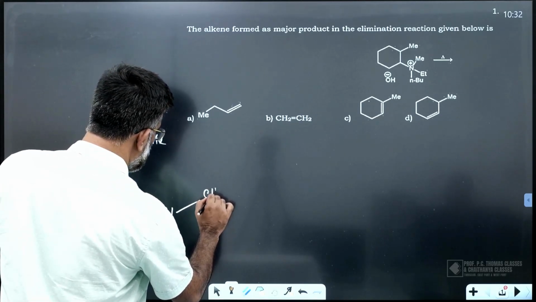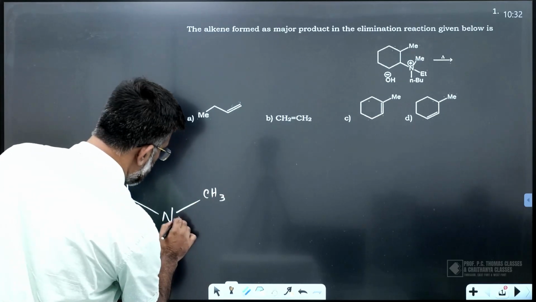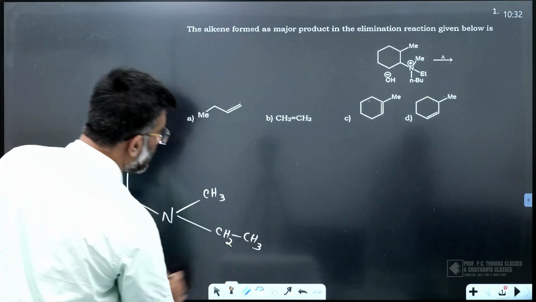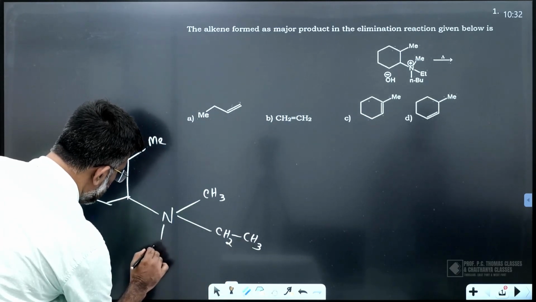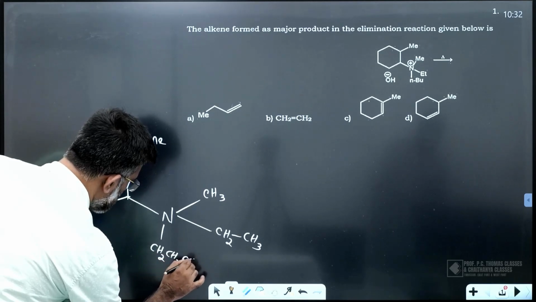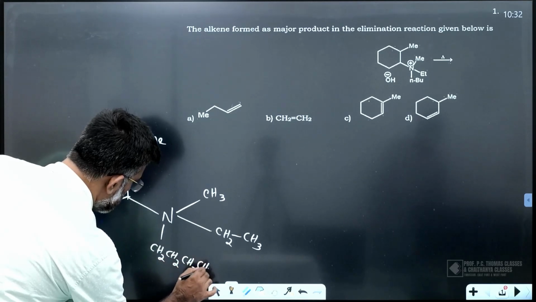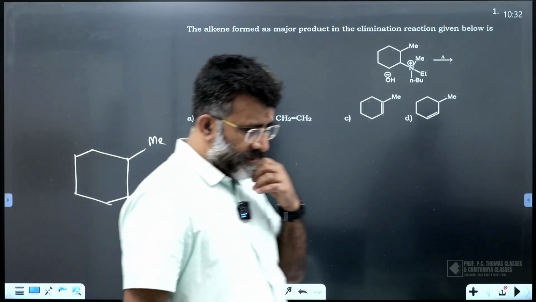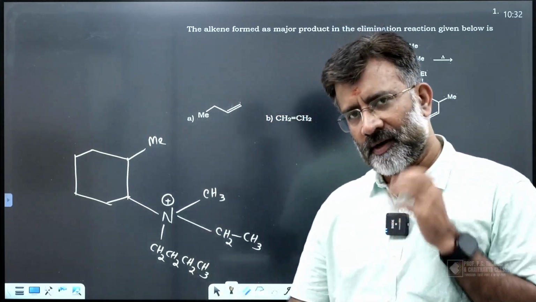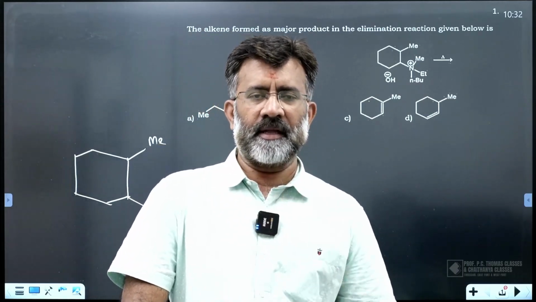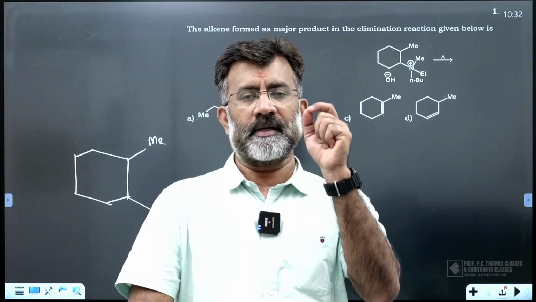Here we have a methyl group, here an ethyl group CH2CH3, and next an n-butyl group CH2CH2CH2CH3, and this is a quaternary amine. Now upon heating, you get one alkene, and the remaining part of the molecule turns into a tertiary amine.